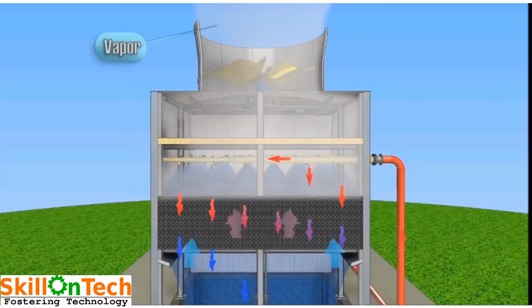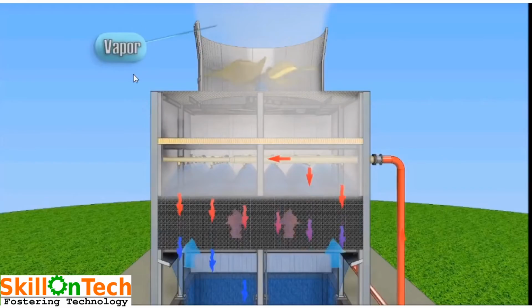The air going across the PVC fills exchanges heat from water to air. In this process, water gets evaporated and the cooling effect of water occurs, and the cold water falls into the cold water basin through gravity, and the hot air is carried away by the fan to the atmosphere.